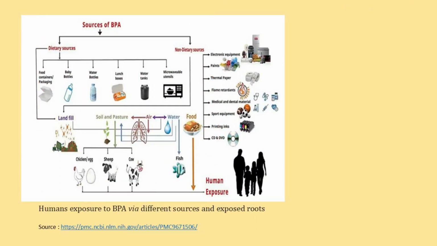Okay, so in this figure we can see the sources of BPA from dietary sources and non-dietary sources, and of course we are concerned with the dietary sources. In these dietary sources, BPA comes from food containers or food packaging, and then from baby bottles and water bottles.